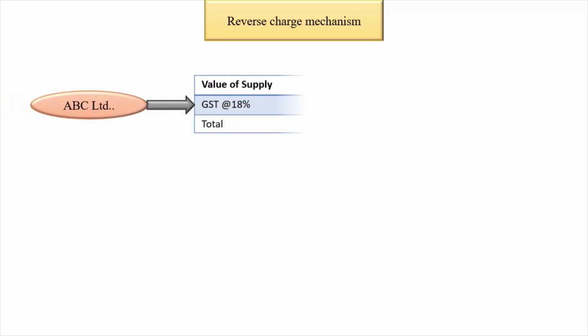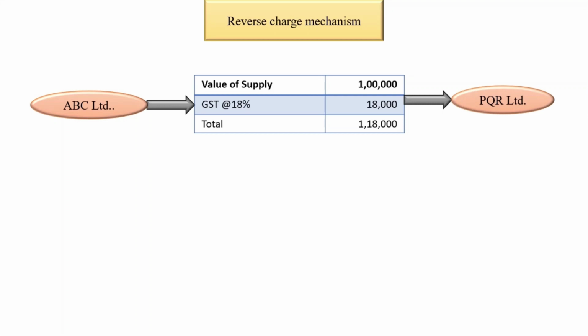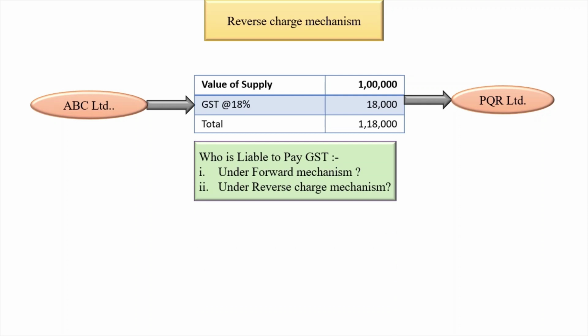Suppose ABC Limited has supplied 1 lakh of rupees at 18% to PQR Limited. So total value of supply is 1,18,000 including GST. So now in that case, there are certain questions: who is liable to pay GST under forward charge mechanism or under reverse charge mechanism.